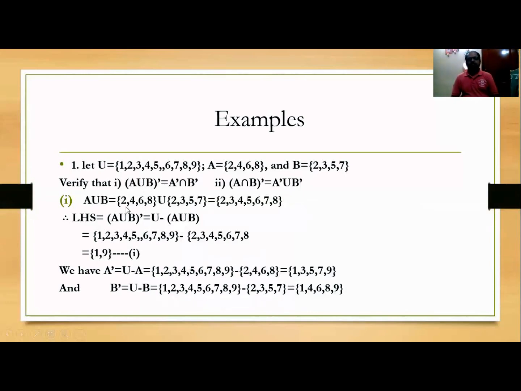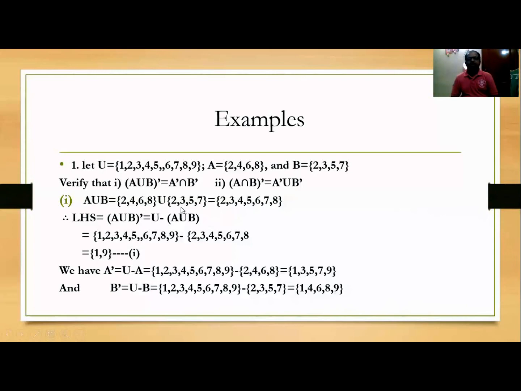So A is 2, 4, 6, 8, and B is 2, 3, 5, 7. The union of these two sets will be the set of elements present either in A, or in B, or in both. Those elements which are present in both, you need to take only once. No element should be repeated, right? So here we have 2 repeated, and we take it only once.